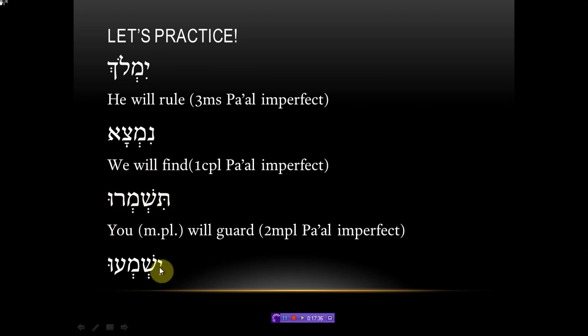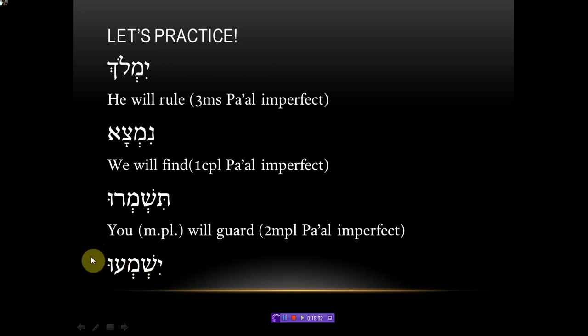And then let's look at the last one, yishme'u. So what do you recognize that is familiar? Well, shin mem ayin is the verbal root referring to the action of hearing something, right? So let's look at the prefixes and the suffixes and see if we can figure out how to translate this. The prefix is a yod, and then the suffix is the shurek, right?